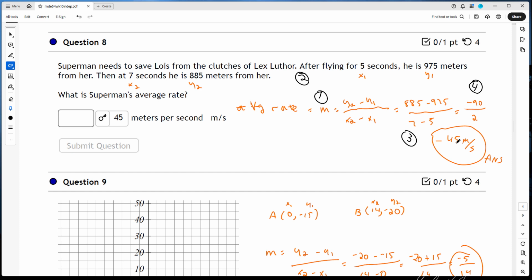We end up with 45 meters per second. Number 9.